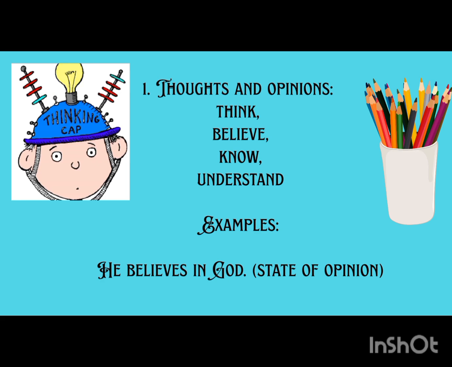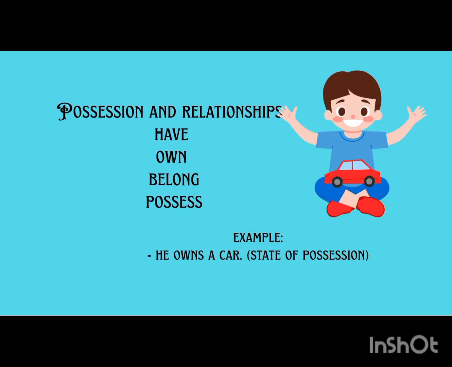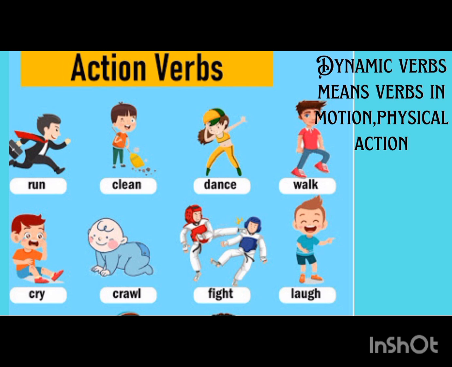These are all stative verbs because they have no physical action, only mental condition and state of being. Is that clear? When we talk about position and relationship, those are also stative verbs, for example have, own, belong, possess. For example, he owns a car, a state of position.